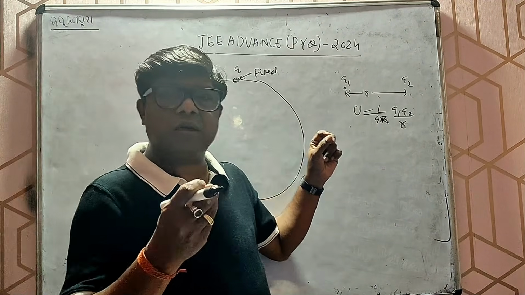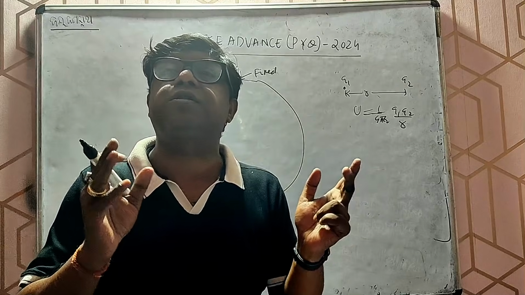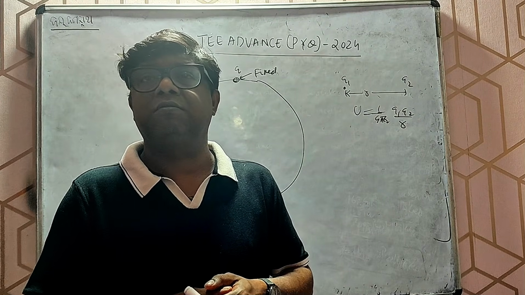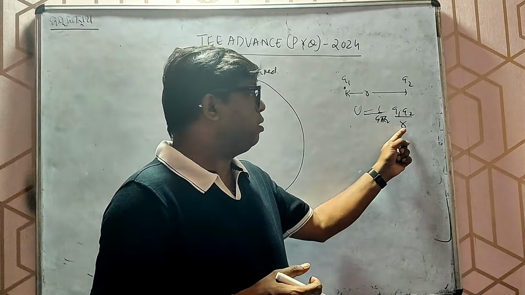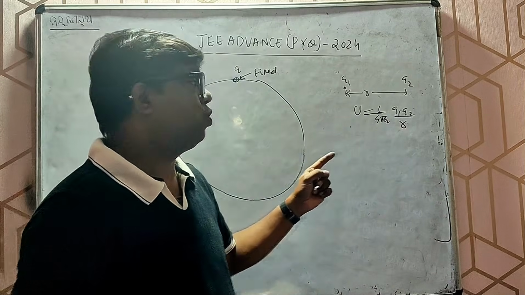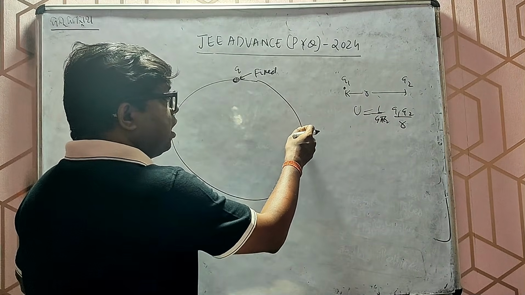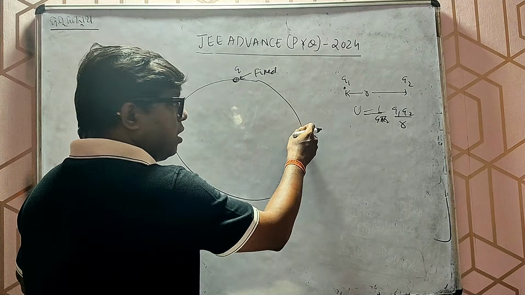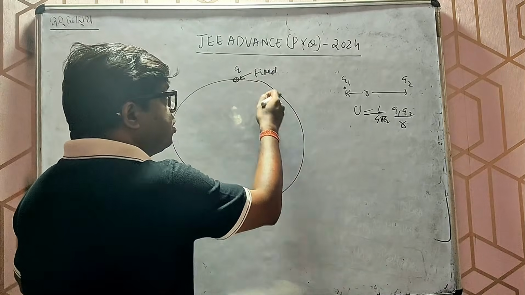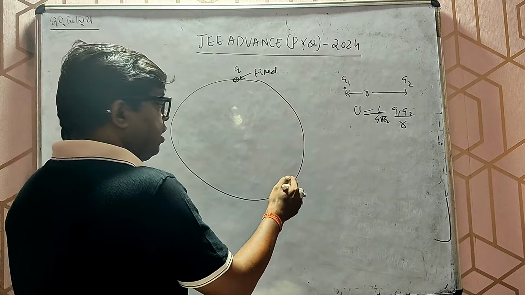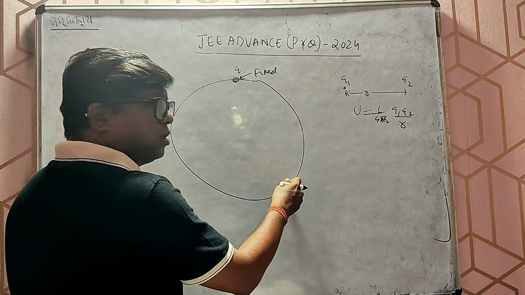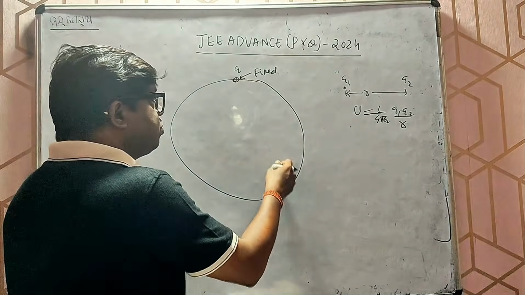You know that the basic concept of equilibrium position is where the potential is minimum, and potential minimum means distance is maximum. If the other charge is placed at this point, this is the distance between the two charged particles.